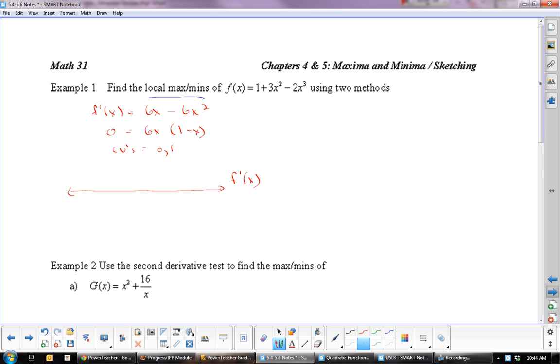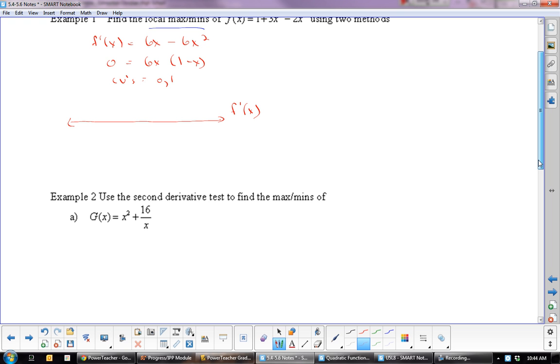Okay, so let's do it like we've always known how to do it, f prime of x. Just this once, I want you to see how they'll give you the same answer. So we have 0 here, we have 1. Let's test some values. Let's test negative 1. If we put negative 1 in there, we'll get a negative times a positive. So that's a negative.